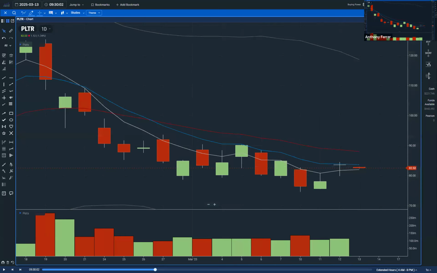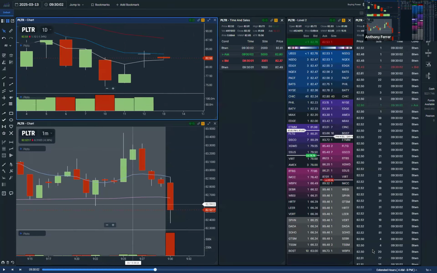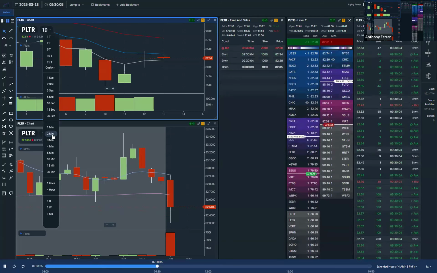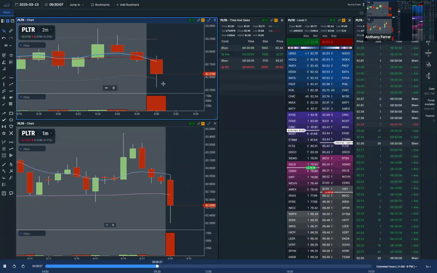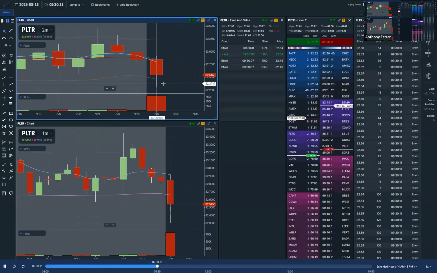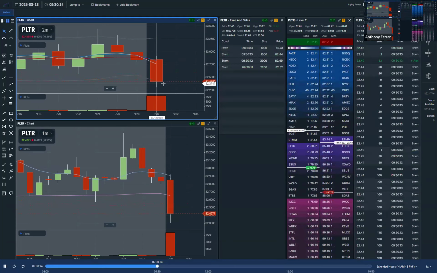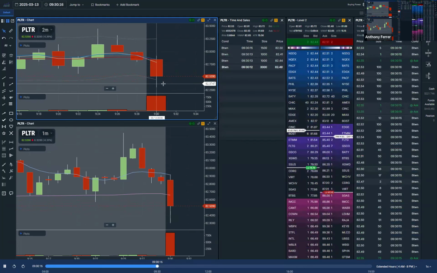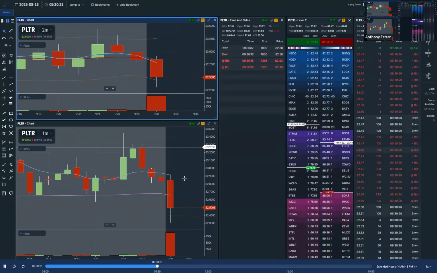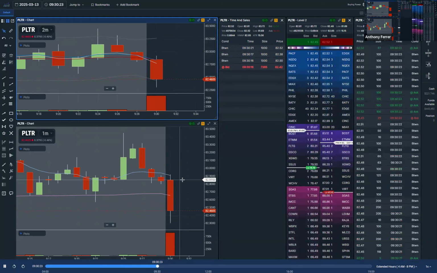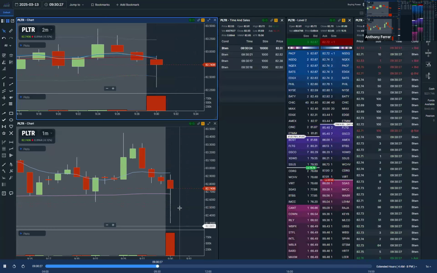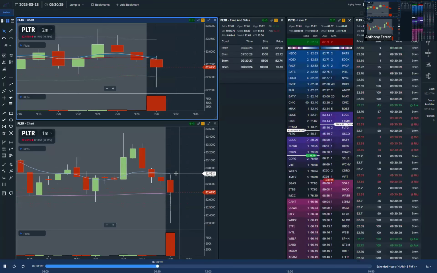Okay, and then off the open, opening print 82.85, and now it's like 82.30 by 83.